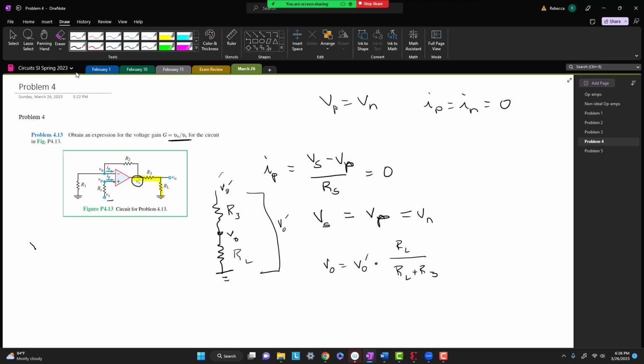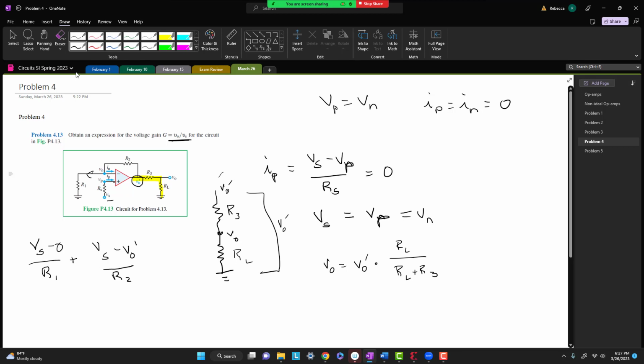So VN, which is VS, so going this way, VS minus 0 over R1, plus, now going up, VS minus VO prime, because that's the voltage on the other side, over R2. And then my other current is 0, because IN is 0. So I could put a plus 0 if I want, and that has to equal 0.